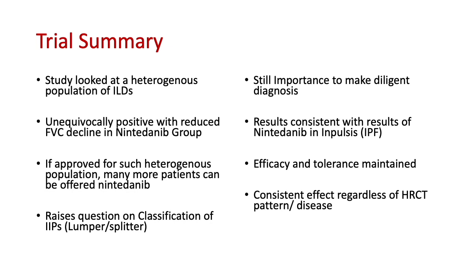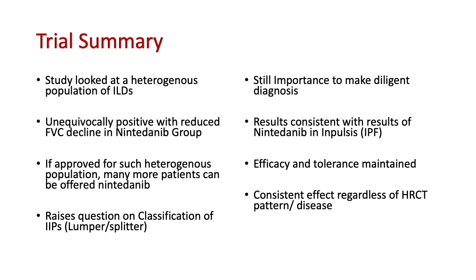So if you look at the summary, it looked really at a heterogeneous population of non-IPF fibrotic ILDs. It did show unequivocally good results, but the question here is, will it matter if these are UIP-like IPF ILDs or non-UIP-like ILDs with fibrosis?